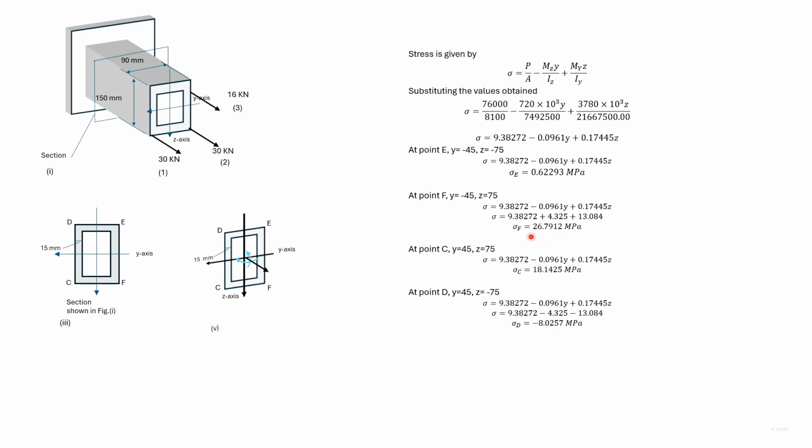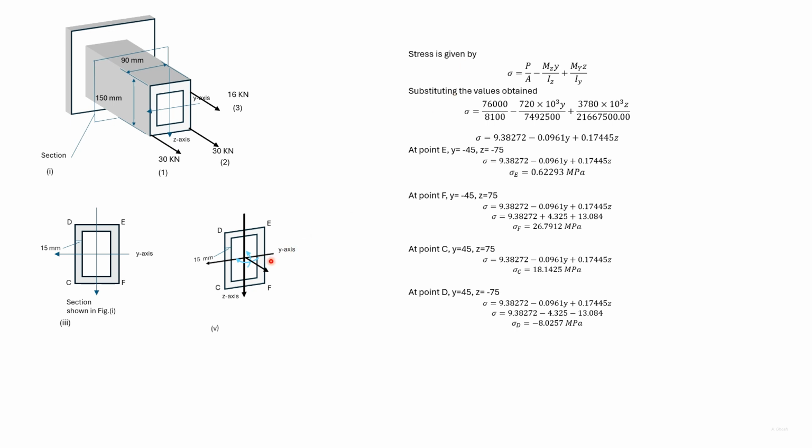We substitute the values to get the stress at F. At C, both Y and Z are positive, and we substitute the value to get the stress at C. Similarly with point B, we can physically check whether we have got the right answers.